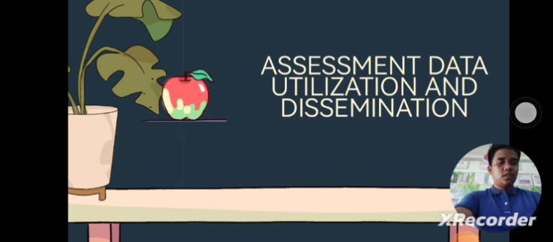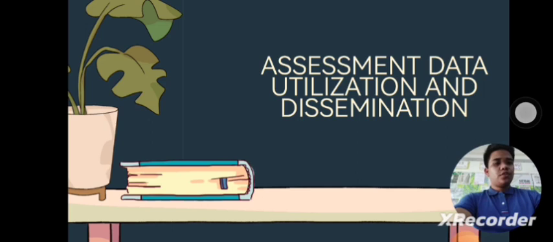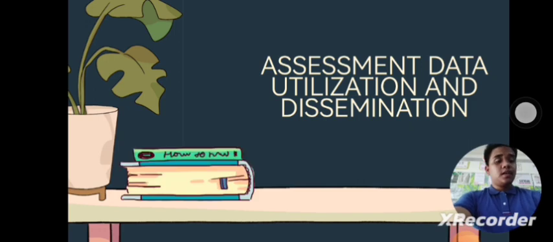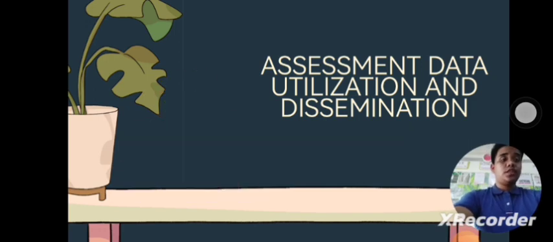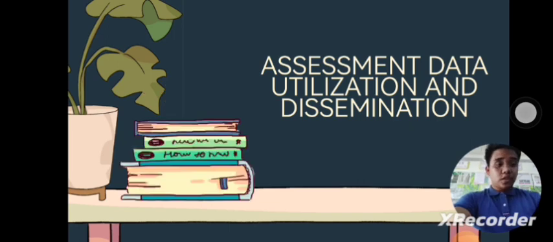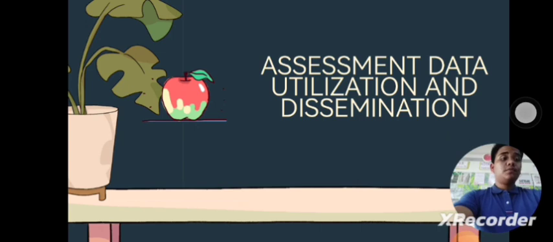I have chosen three sections that are in line with our program, Bachelor of Elementary Education. Those are section 2, section 3, and section 6. Let's go first with section 2.